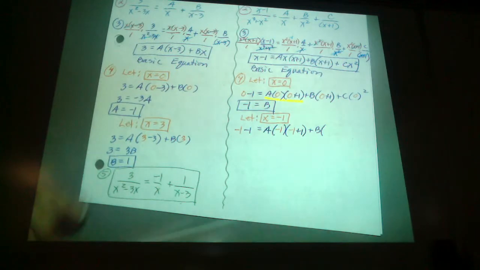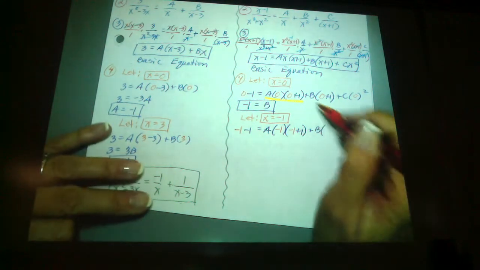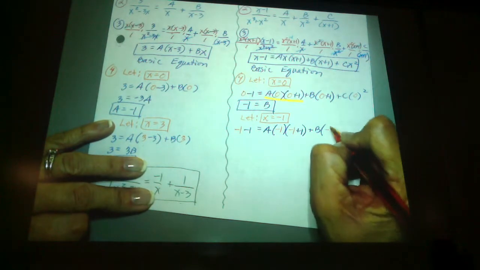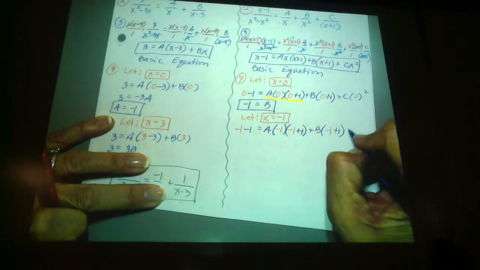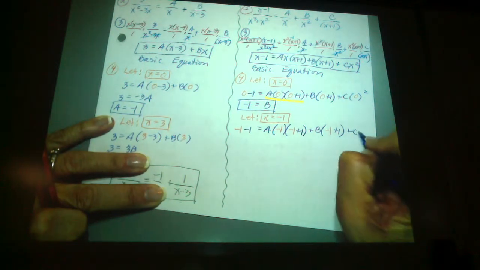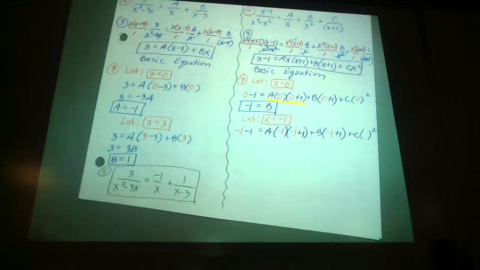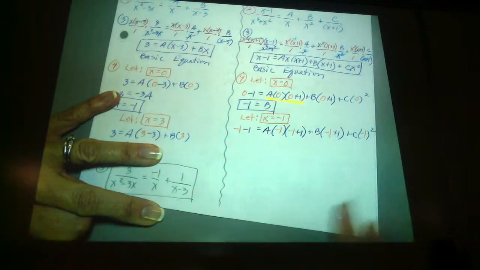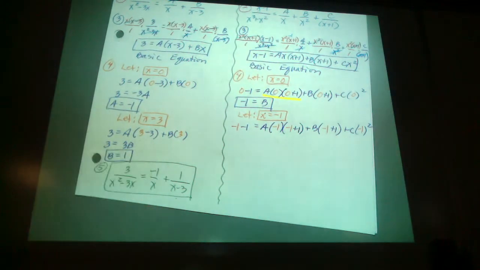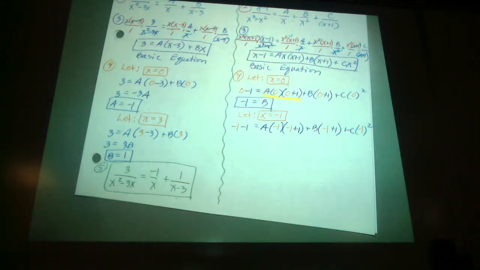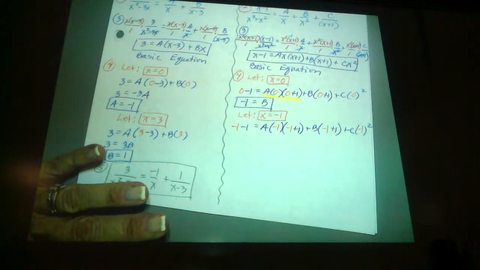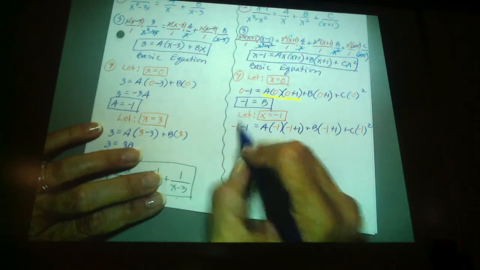You can put in the b if you want to, since you found it. But as you can see, it's still going to 0 out because x is -1 plus 1, and then plus, I don't know c, but x is -1. So be really careful. What's -1 and -1? It's -2, right? It's not 0, it's -2.